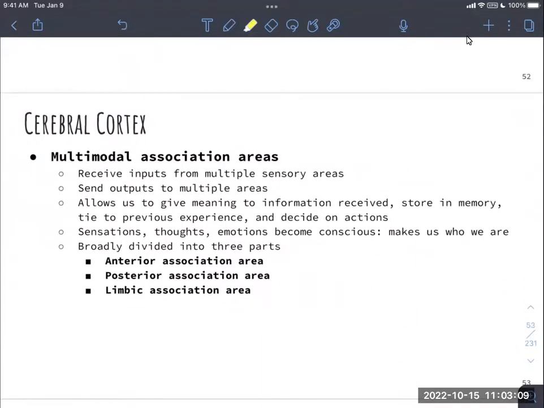So we have other association areas throughout our brain. These different association areas help put everything together. It helps us store something in memory. So when you learn something, it puts it into memory so you don't forget it. Gives meaning to that information.